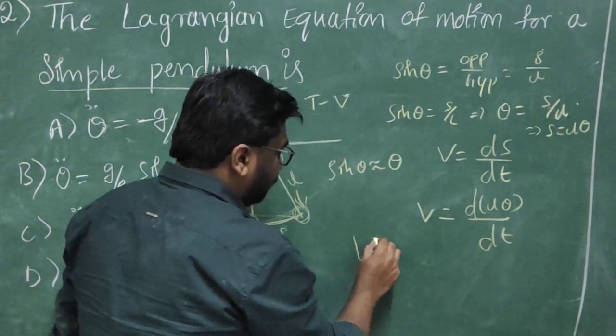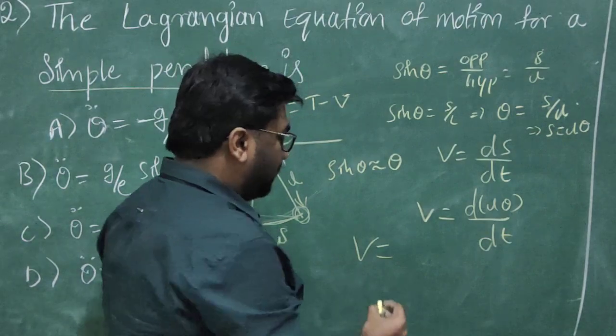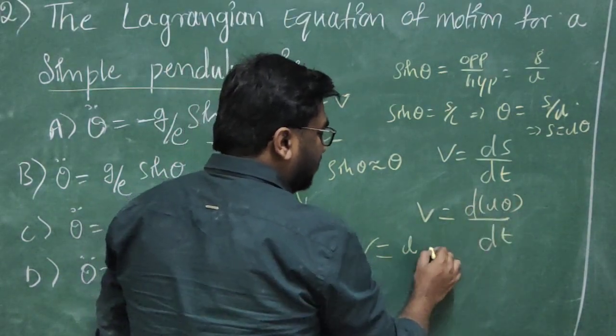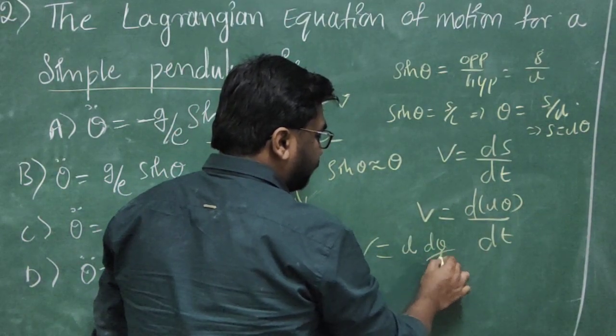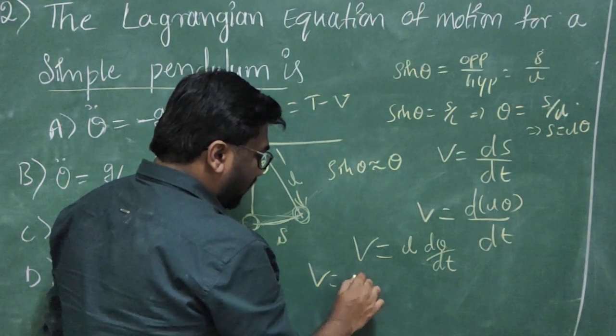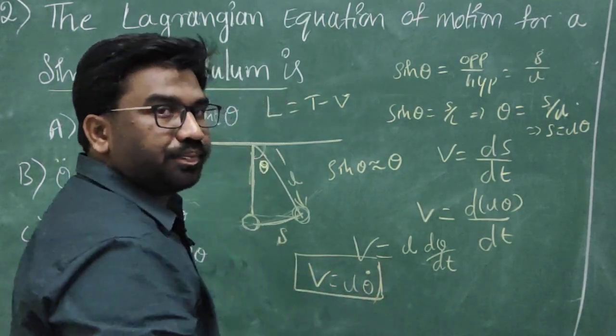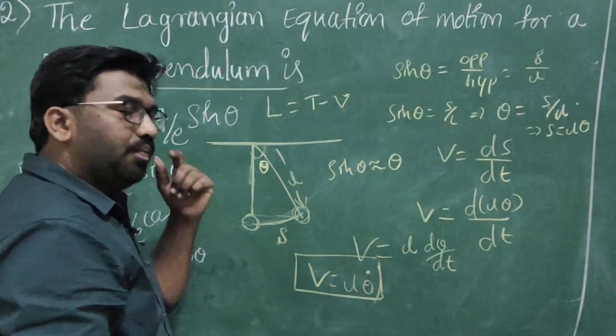Then v is equal to, differentiating, L is constant, it is not changing, so L into d theta by dt. So we can write this as v is equal to L into theta dot. So this is the velocity of this bob.